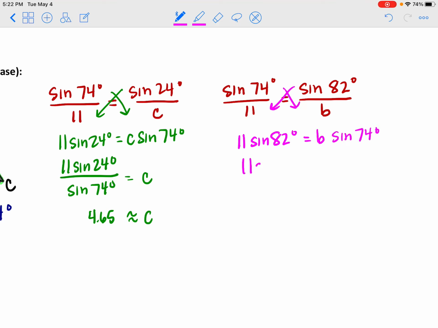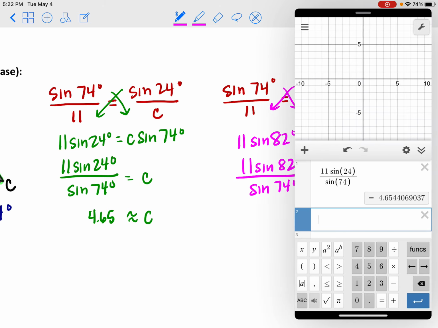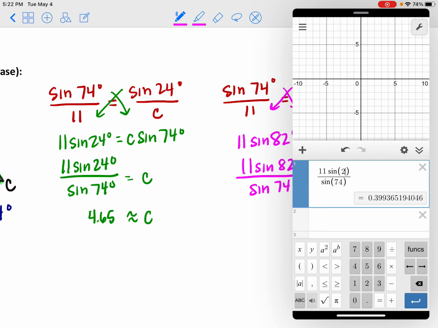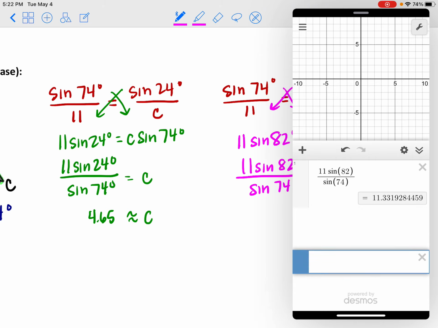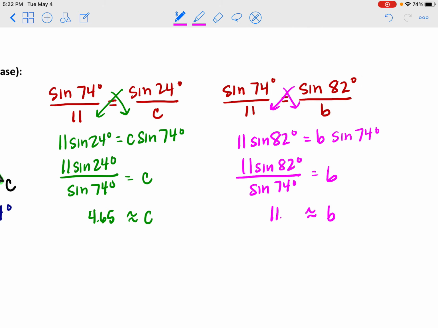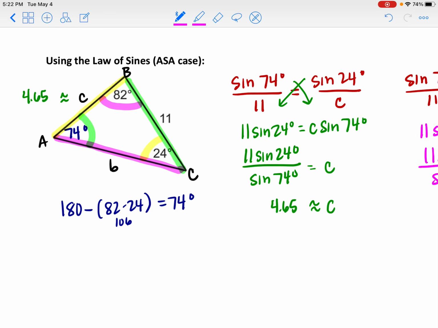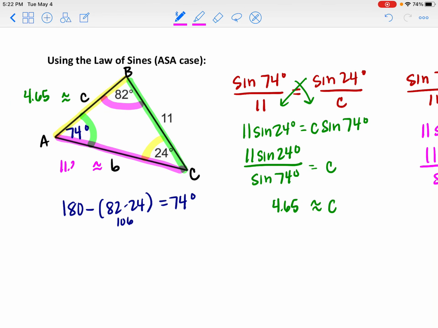So we're going to divide that over. 11 sine of 82 divided by sine of 74 is our exact value for b, and that is going to be approximated at, this just changes to an 82, everything else is the same, so it's about 11.33. So 11.33, and our triangle is solved. I got all three sides in there, all three angles, boom. And again, angle, side, angle case, not a big deal.